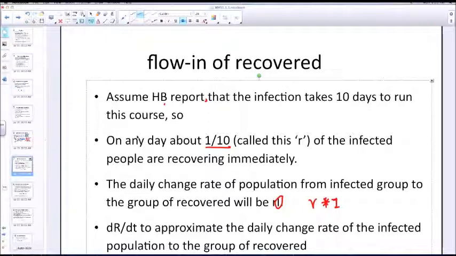Now look at an example. Let's say we have 2,000 people infected with the disease. Every day, 1/10 recover. Then we know that each day, 200 people become recovered.